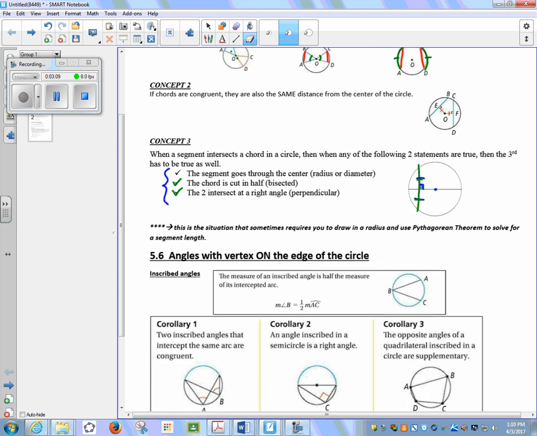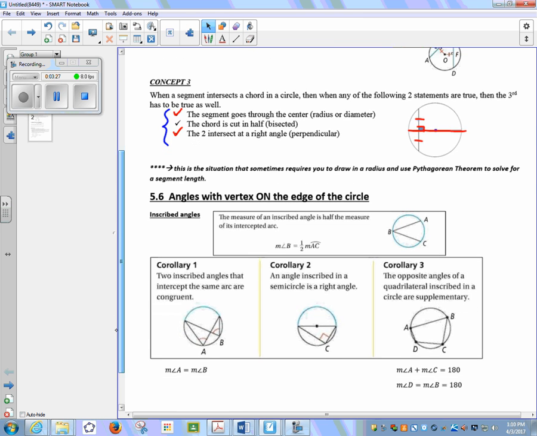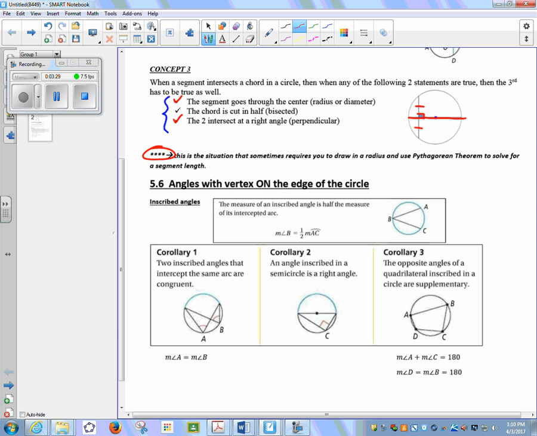And then, of course, the last scenario: if it goes through the center and it's a right angle, so all you see is this and this, then you can mark those congruent, okay? All right. Remember that this is the part where sometimes you have to draw in a radius and use the Pythagorean theorem, okay, to find missing parts.